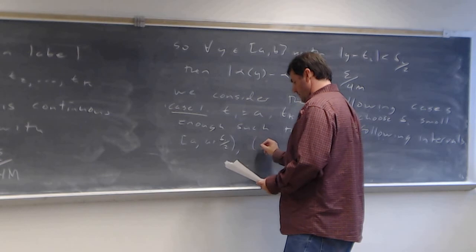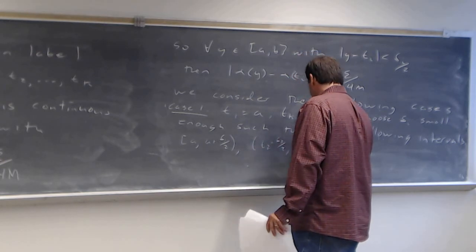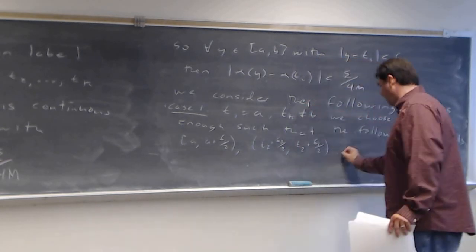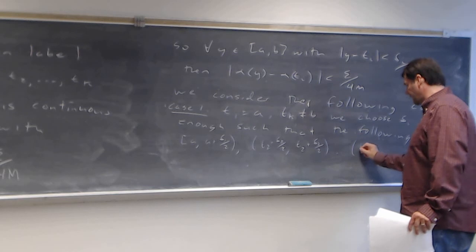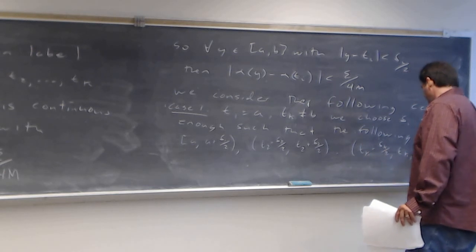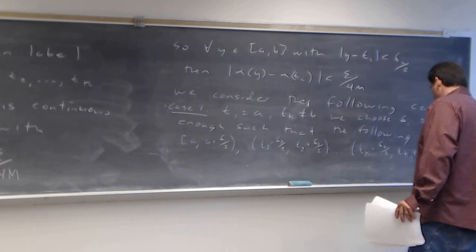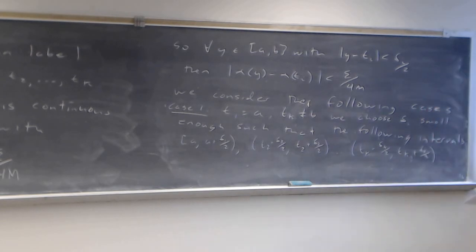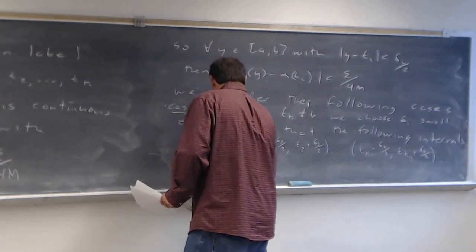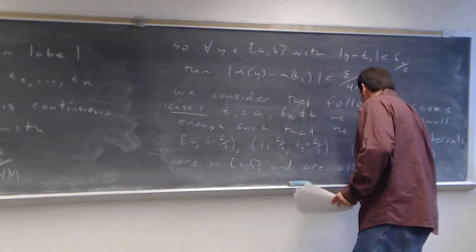Then here we have t sub 2 minus delta sub 2 over 2, t sub 2 plus delta sub 2 over 2, and intervals of that form, all the way up to the last one being t sub k minus delta sub k over 2, up to t sub k plus delta sub k over 2, are in [a, b] and are all disjoint.